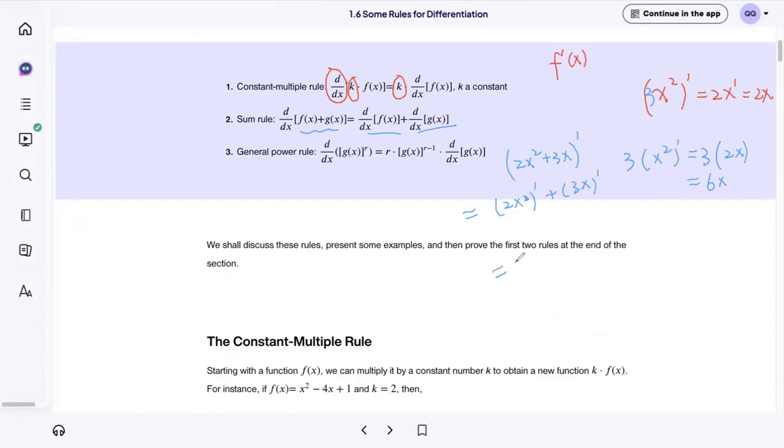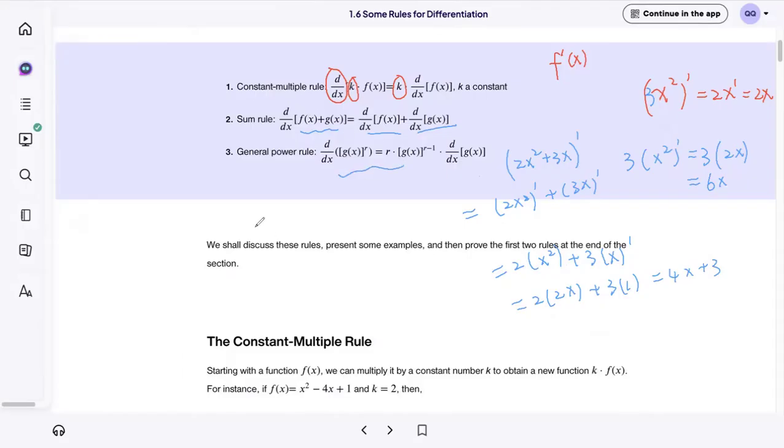With 2x squared, I can put 2 outside to differentiate x squared. 3, same thing, I can differentiate x, right? So x squared, I differentiate, I get 2x. Differentiate x, I get 1. Then I get 4x plus 3. So the second rule, right, plus the first rule.